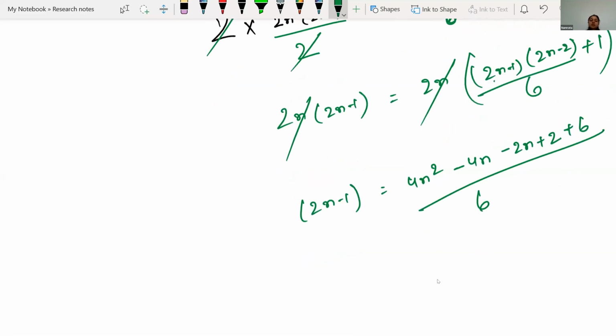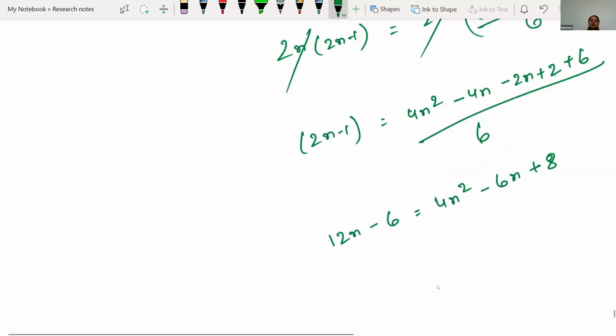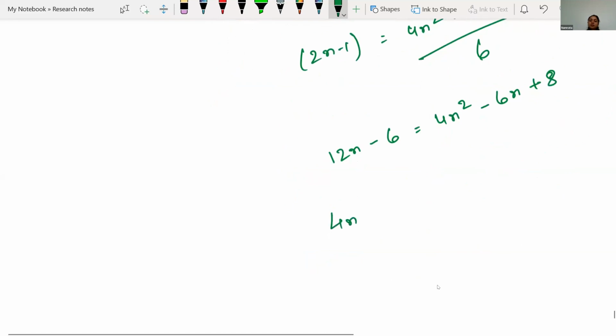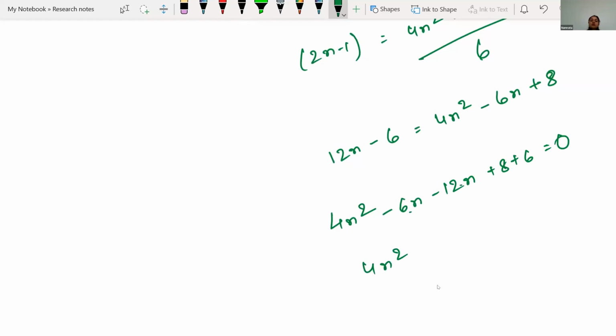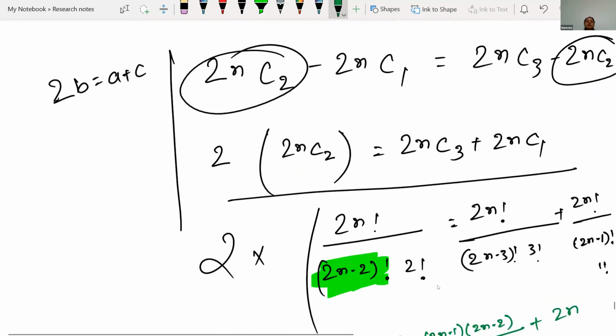Let's crisscross multiply. So 12n minus 6 is equals to 4n square minus 6n plus 8. 4n square minus 6n minus 12n plus 8 plus 6 is equals to 0. 4n square minus 18n plus 14 is equals to 0. A quadratic form we ended up getting.